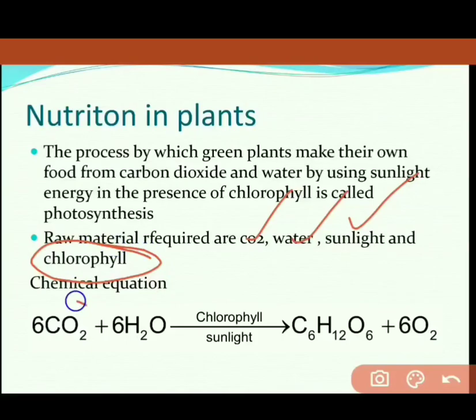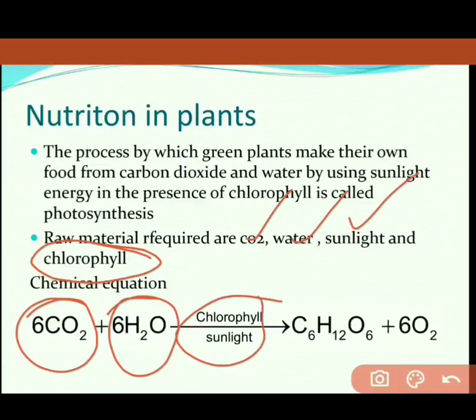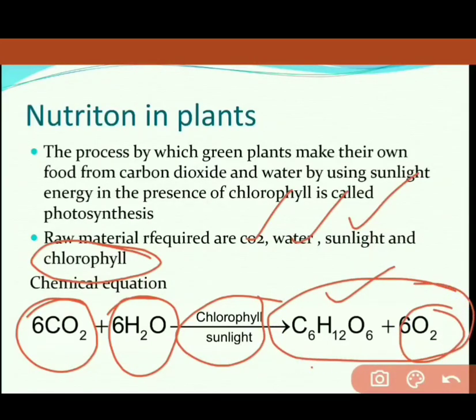Carbon dioxide and water react with each other in the presence of chlorophyll and sunlight. They give out carbohydrate, that is glucose, along with oxygen gas. So this is the product of the photosynthesis process.